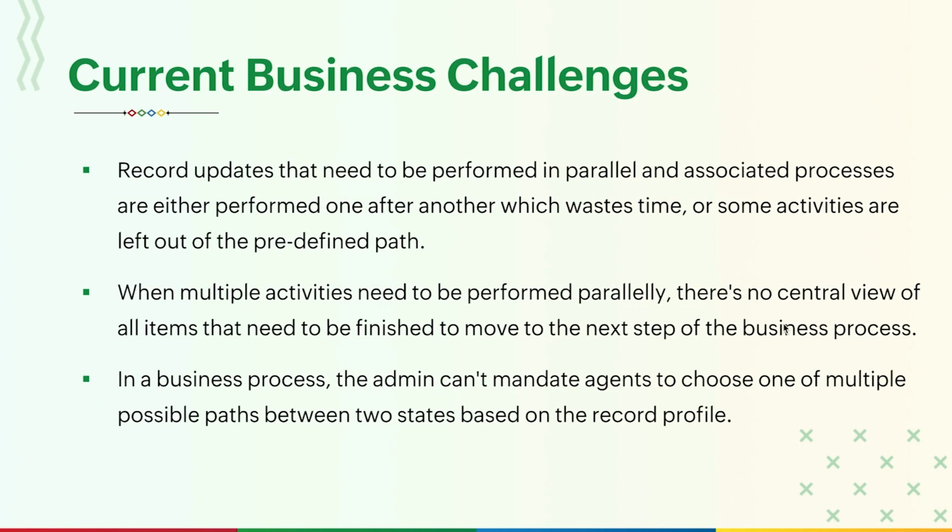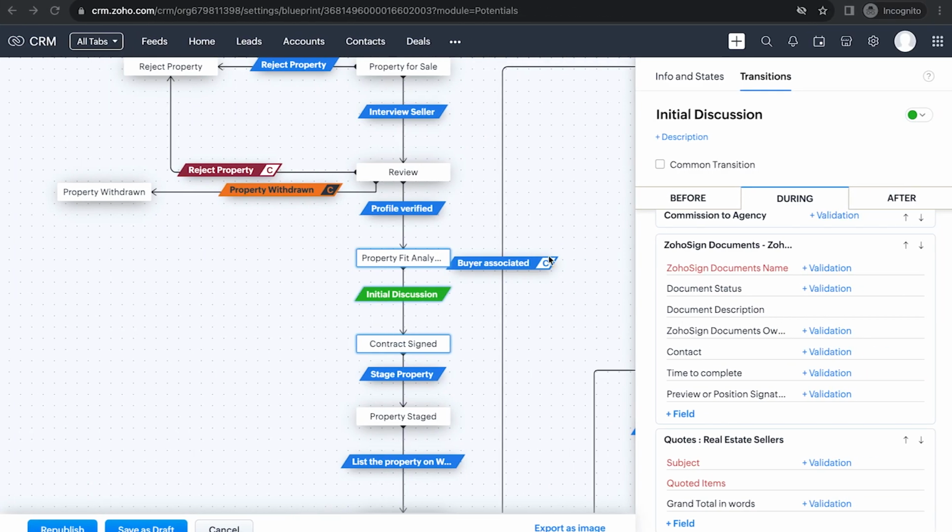We have a second problem with respect to the transition that was created earlier. Say in the same scenario, there are multiple ways to reach the next state, that is, the contract signed state. And this is based on the deal that comes in. There are different processes involved. For example, say that depending on whether the seller is exclusively allocating representation rights to the agency or if they are keeping their options open and will list their property with multiple agencies, the processes differ.